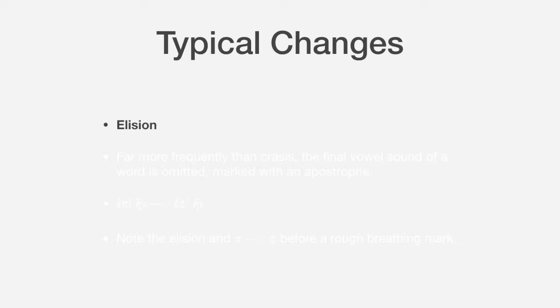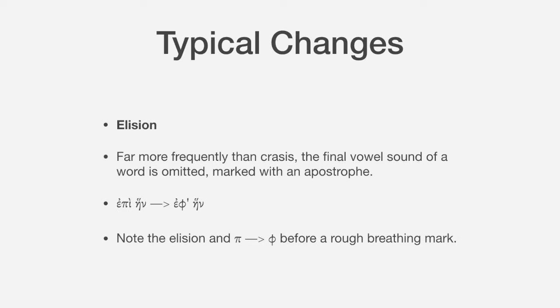Finally, we have elision. This takes place a lot more frequently than crasis. So this is where the final sound is omitted. This is actually what's going on in something like don't or can't, a vowel is just dropping out and being marked by an apostrophe. So if you look at this example, you've got epi hain.